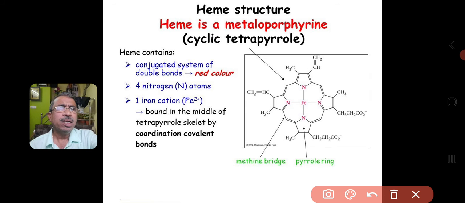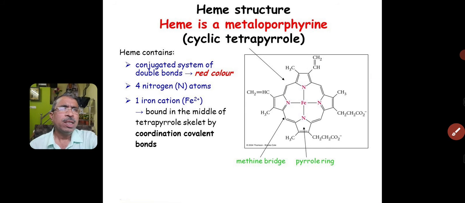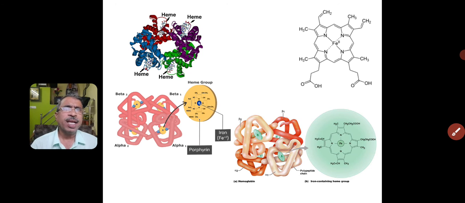These are the structures of hemoglobin. The heme is linked to a globin, a protein, and forms a hemoglobin chain.